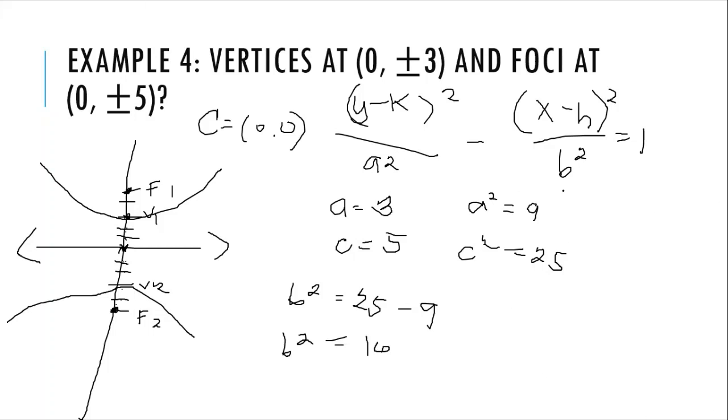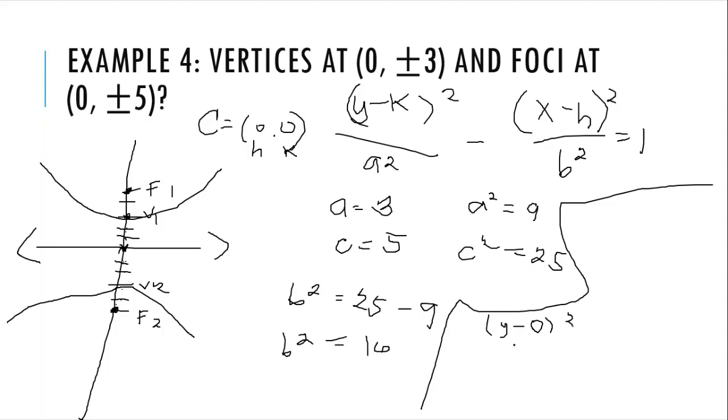Using the formula, okay, our h is 0, our k is 0 as well. Y minus k quantity squared over a squared, which is 9, minus x minus 0 quantity squared over our b squared, which is 16, equal to 1.